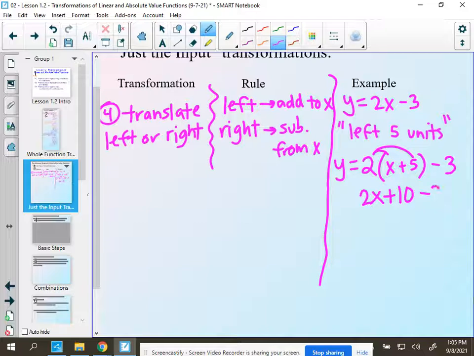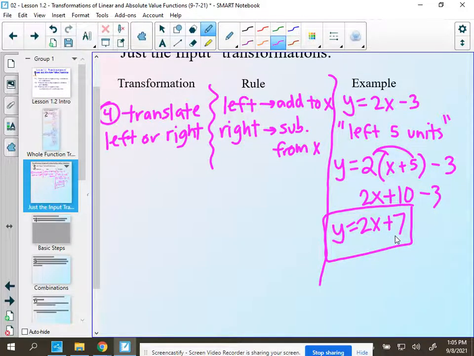And then we have that minus 3, so we can combine the 10 and the 3. So 2x plus 7 would be your final simplified answer. We've taken this original 2x minus 3 and finished it. We've translated left 5 units, and now it looks like 2x plus 7.